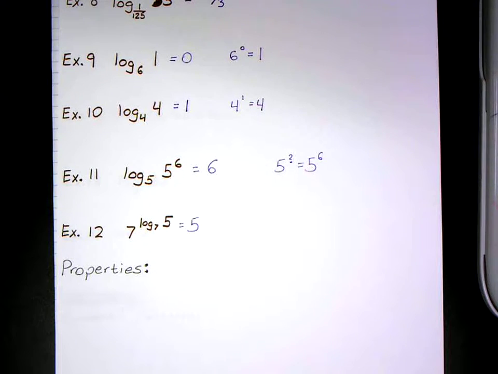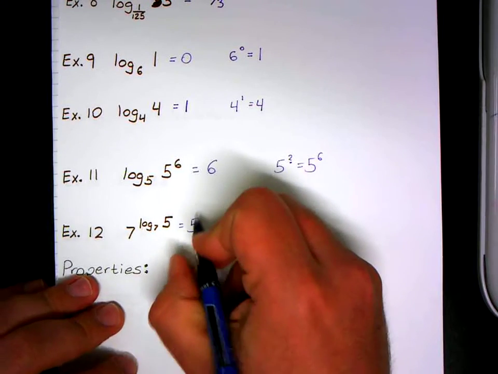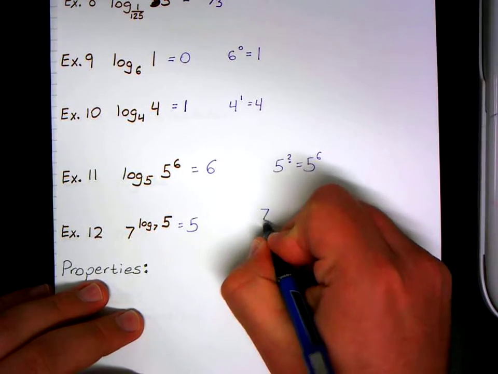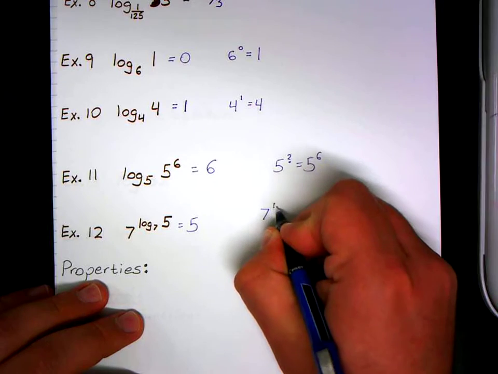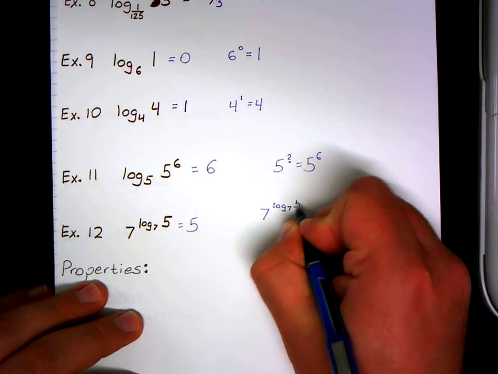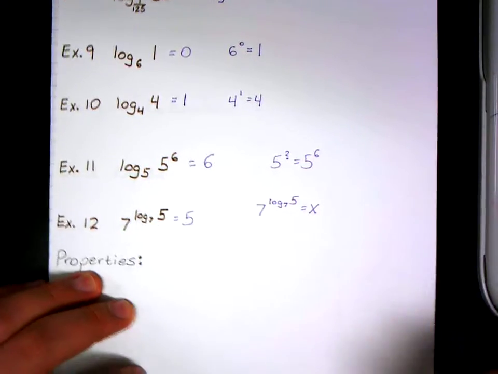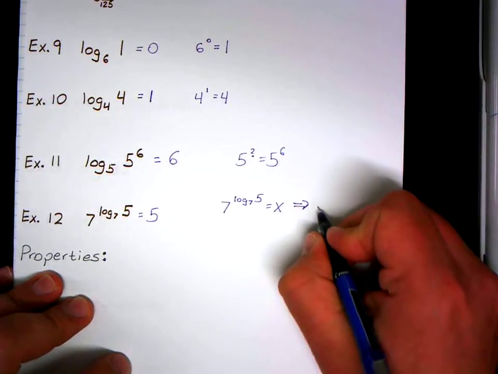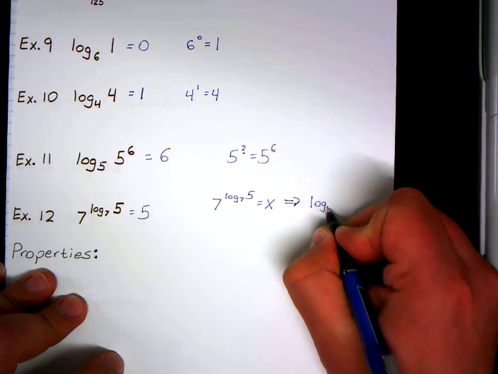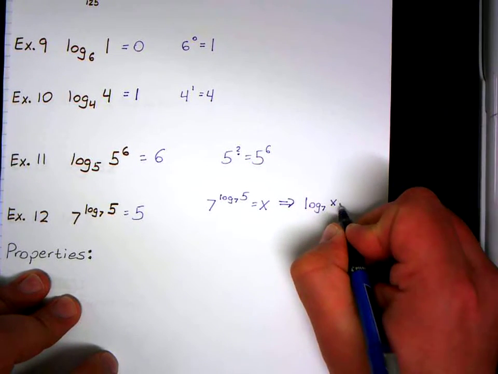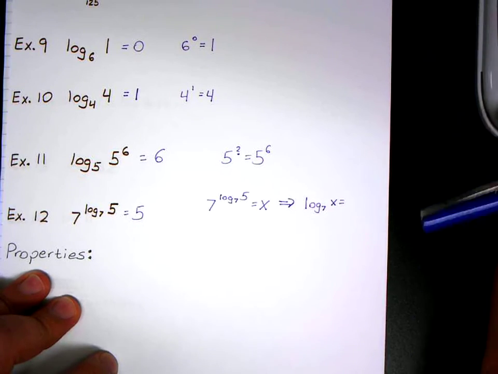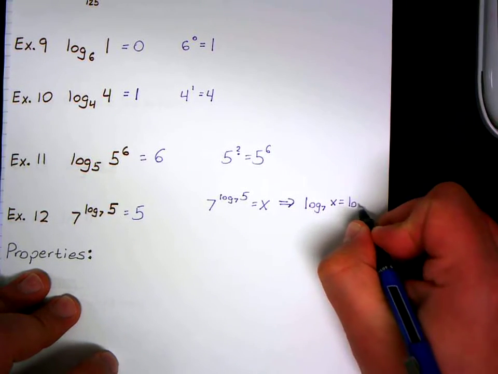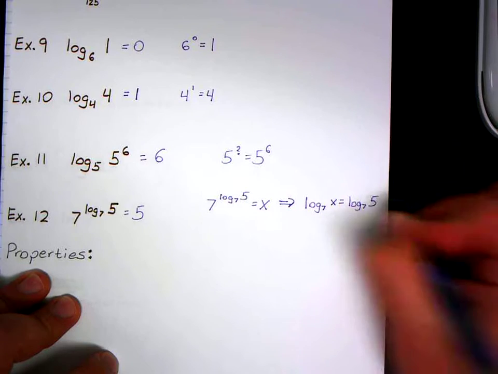Well, to do this one, we have to go back to the definition. Turn that into a logarithm. So what I'm going to do is, before I do this, I'm going to make that equal x. And then I'm going to change that into a logarithm. So that would be log base 7 of x equals the exponent, which is log base 7 of 5.